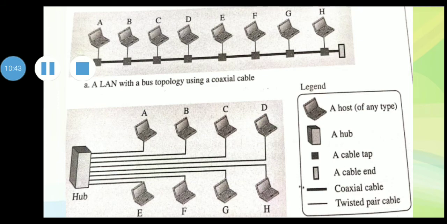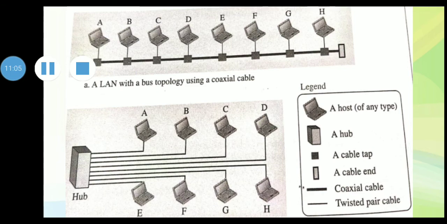Then the station creates a random number between 0 and 2 raised to k minus 1, meaning that when a collision occurs, the range of the random number increases exponentially. After the first collision k is 1, and the random number is in the range of 0 to 1. After the second collision k is 2, and it is in the range of 0, 1, 2, 3.